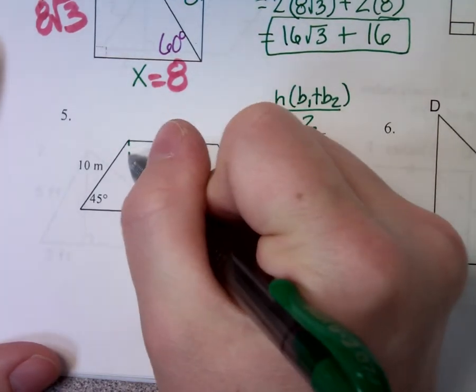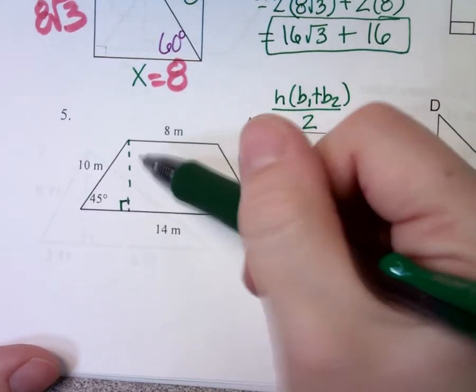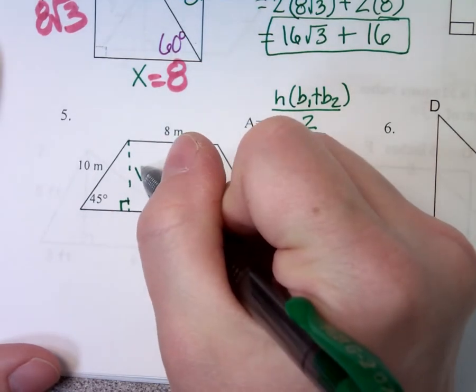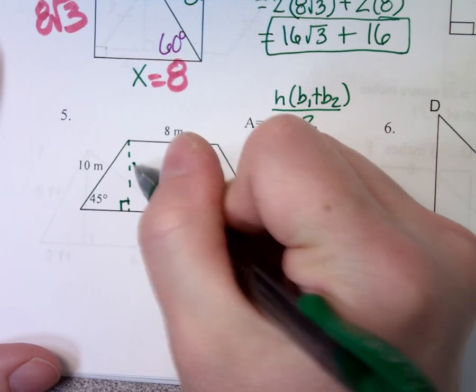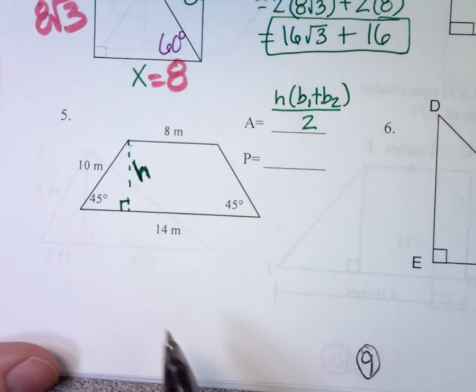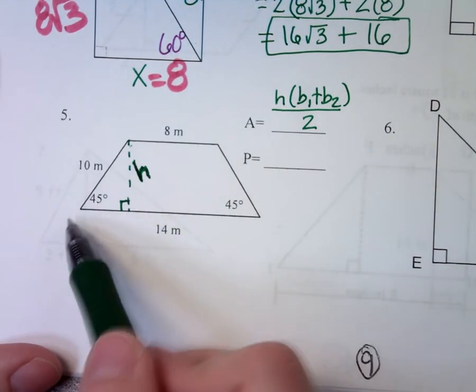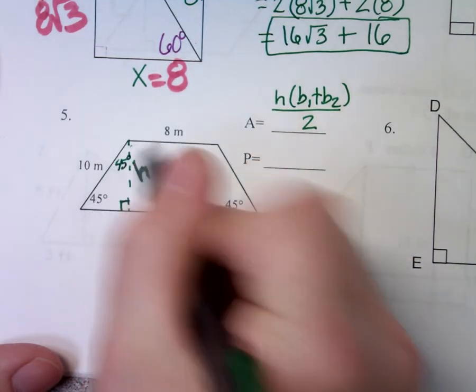Okay, so I'm going to drop this thing down called an altitude. An altitude is just going to represent the height of the trapezoid. I'm going to call that H, so we don't get confused in a minute when I start putting in our X's. So I'm going to try to figure out my height. And looking at this triangle, what kind of a triangle do we have here? A 45, 45, 90.